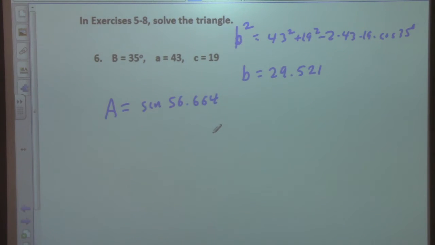Then I solve for big C and it equals sine 1.6, sine 21 point.